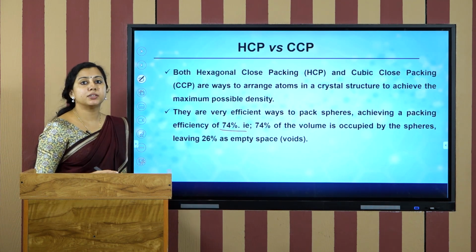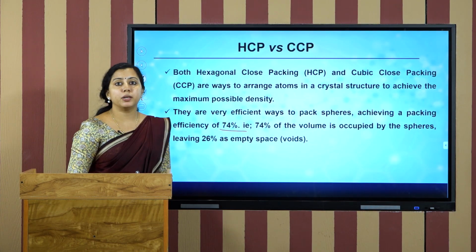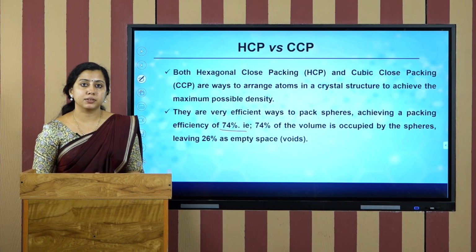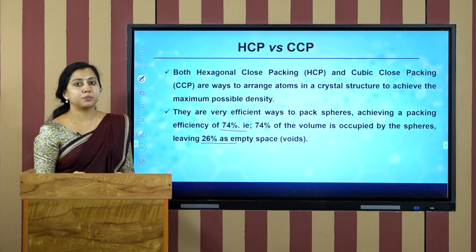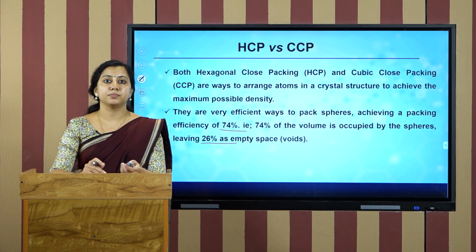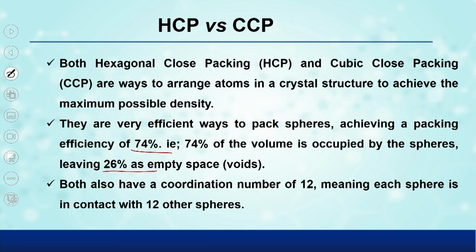A packing efficiency of 74% means that 74% of the volume is occupied by these spheres, leaving only 26% as empty spaces or voids. Both HCP and CCP have a coordination number of 12, meaning each sphere is in contact with 12 other spheres.